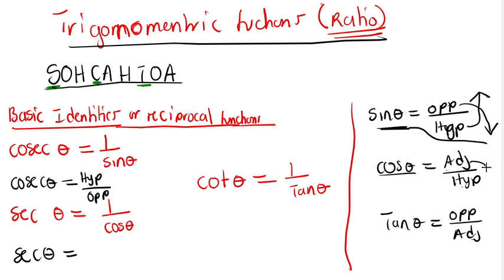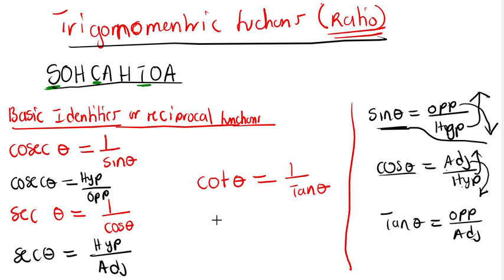So the adjacent will be the denominator and the hypotenuse the numerator, so I say hypotenuse over adjacent.